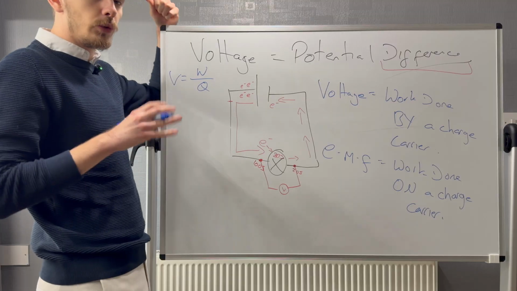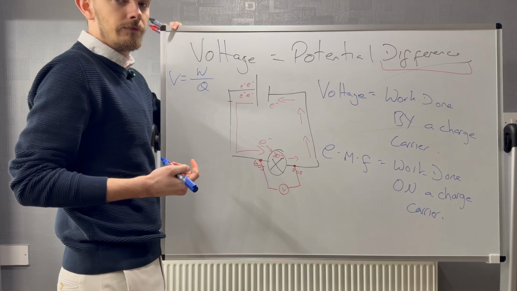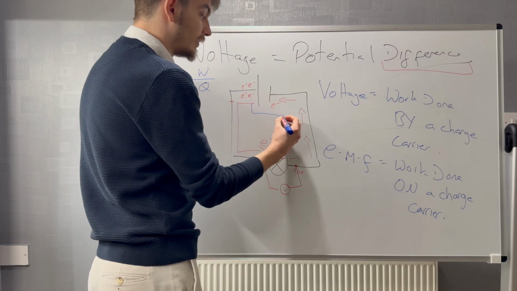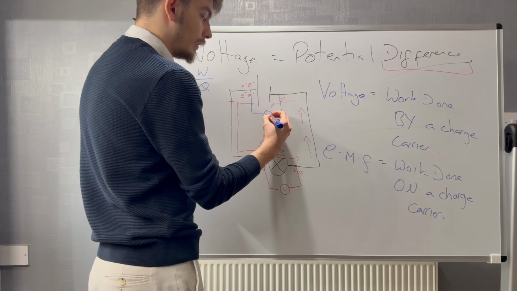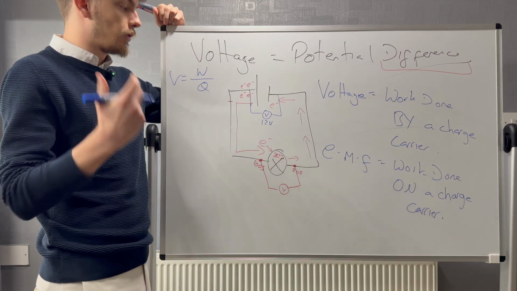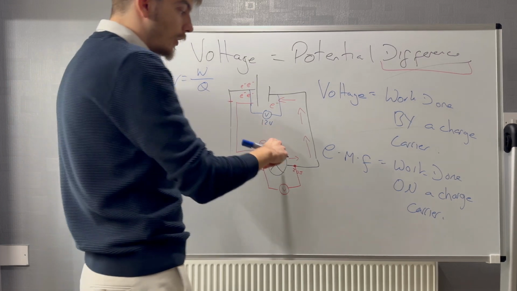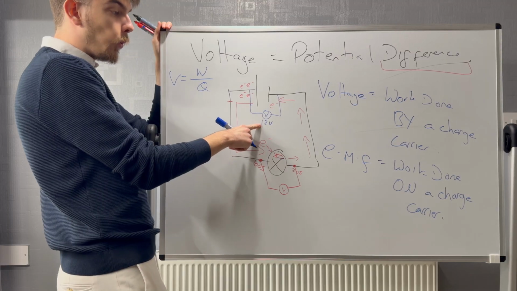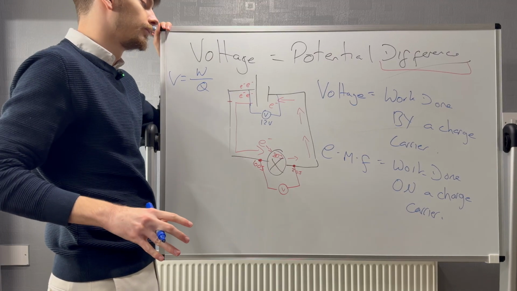So, it's all to do with energy. My electron is in my battery. The battery has a certain EMF around it. Let's say it's a 12-volt battery. A 12-volt battery, for now, means that it is doing 12 units of work done on each charge carrier.